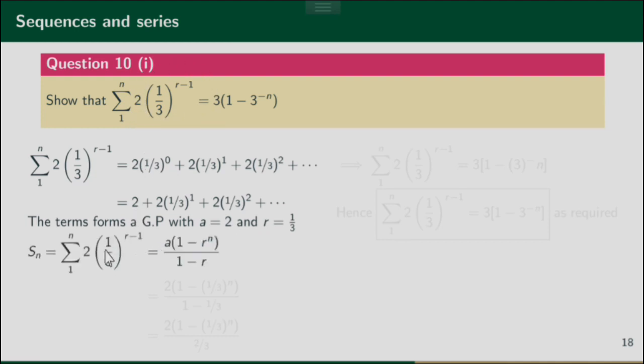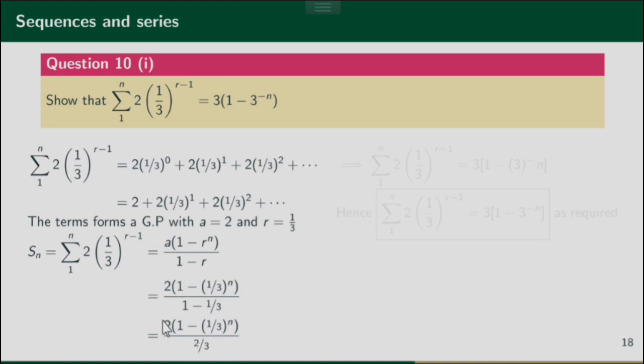And the sum of a geometric progression is given by the formula a into 1 minus r to the n, divided by 1 minus r. A is 2 and r is 1/3. If I plug in the values, I'll have 2 into 1 minus 1/3 raised to the power n, divided by 1 minus 1/3. And 1 minus 1/3 is 2/3.